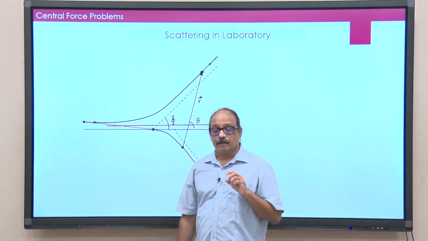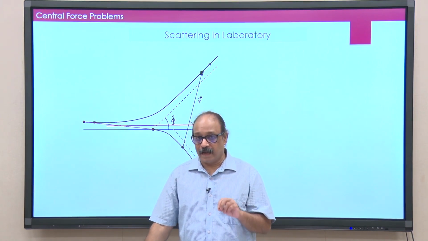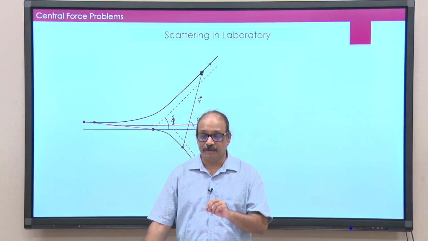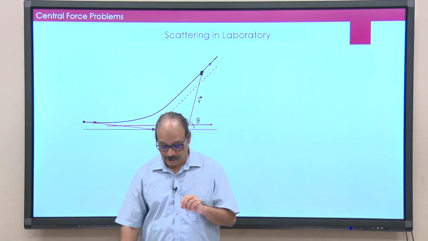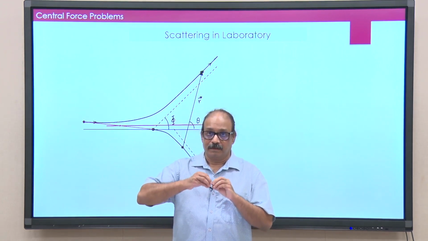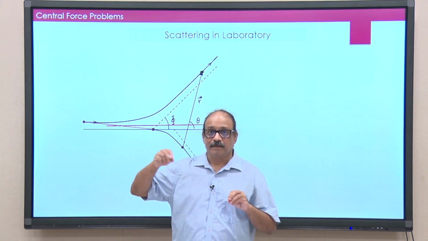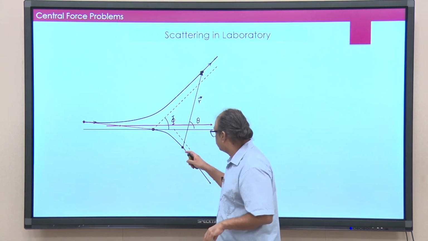Okay. Now, remember, when we calculated the scattering angle, we calculated it from the origin where the target was. So, it was basically the line between the target and the deflected particle. That angle was called the scattering angle. Now, look at what will happen here.